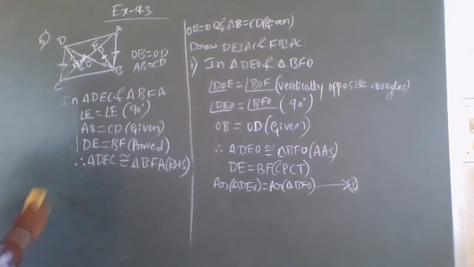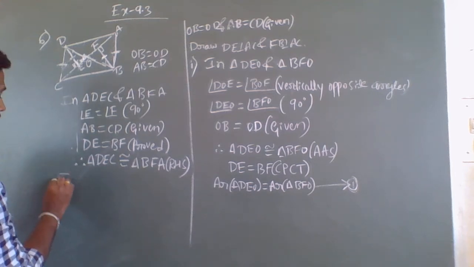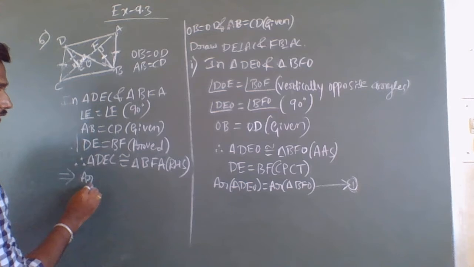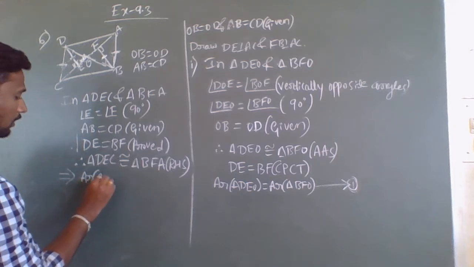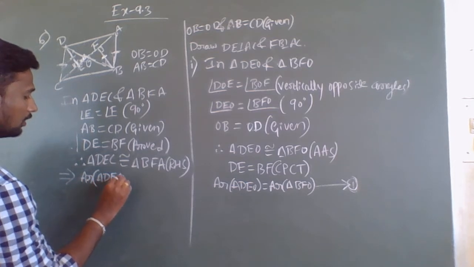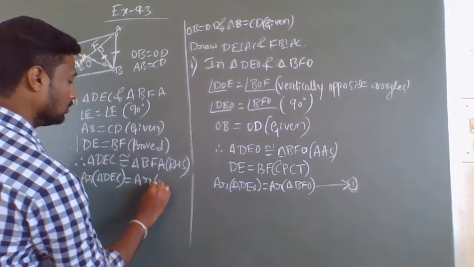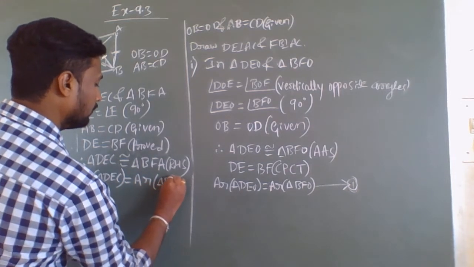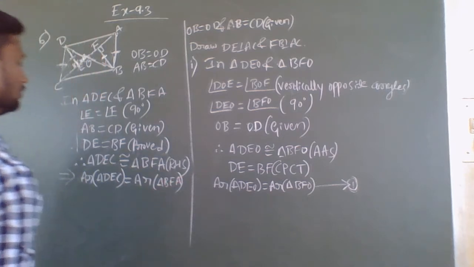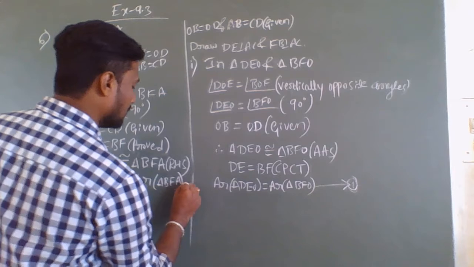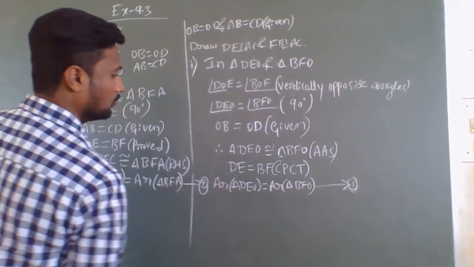So now, if these two triangles are congruent to each other, then we can say that these two triangles are equal in area also. Therefore, area of DEC equals area of BFA. So now I will consider this as 2.